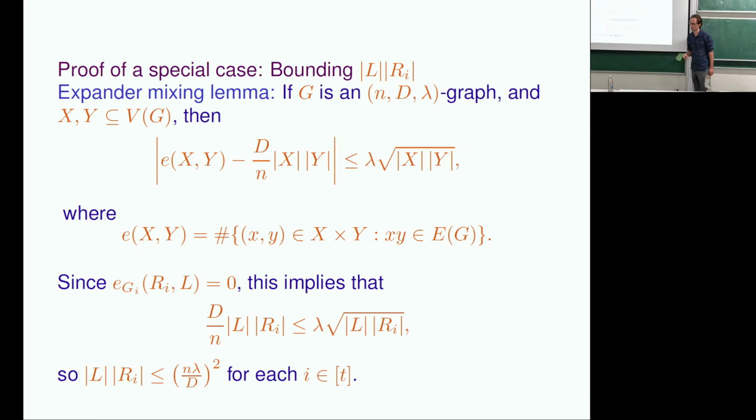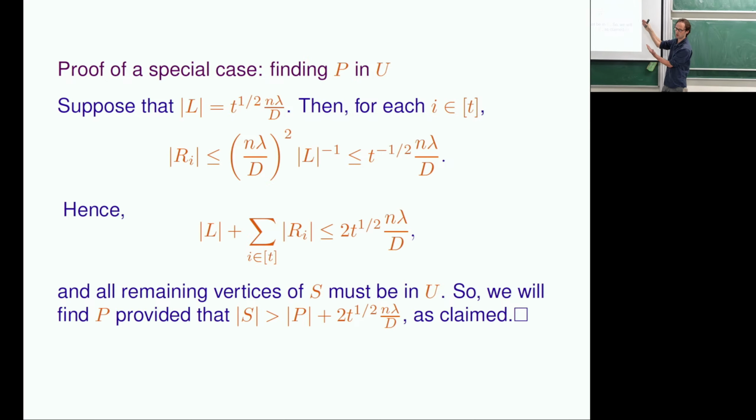So what we'll do is run the algorithm until the size of L is root t times n lambda over d. Every round, either we're moving a vertex from L into U or a vertex from U into one of the R's, and we can always do that, so the vertices are always moving to the right.